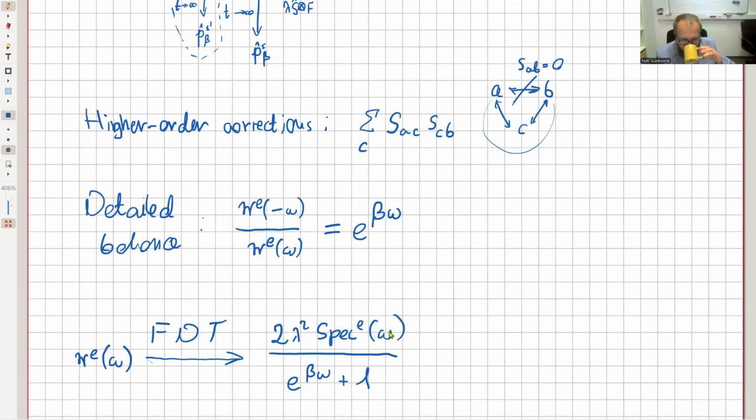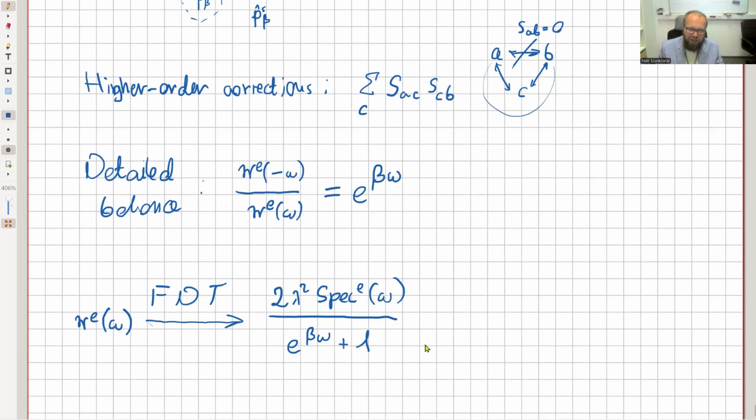But the real contribution from the fluctuation dissipation theorem is this thermal factor here, right? If it's big, everything will go faster and so on. But the shape of this spectral density is largely immaterial, right?